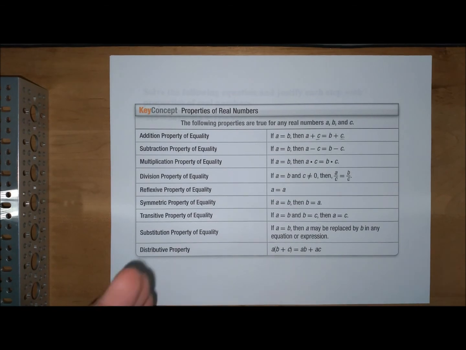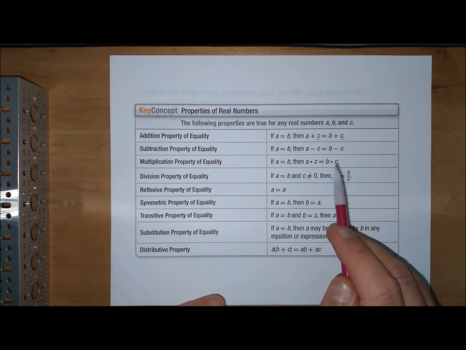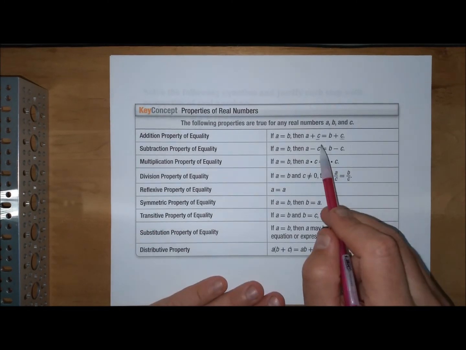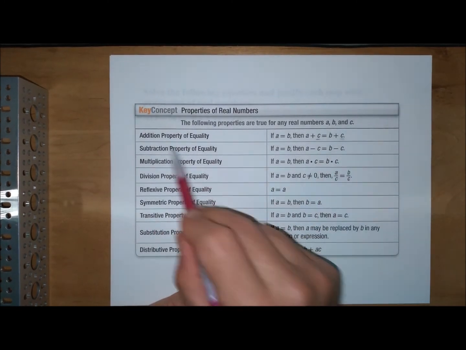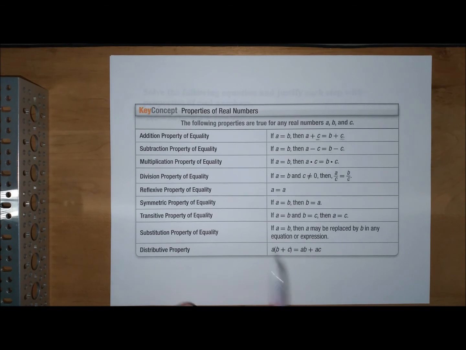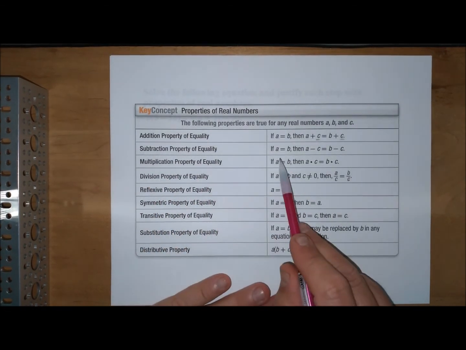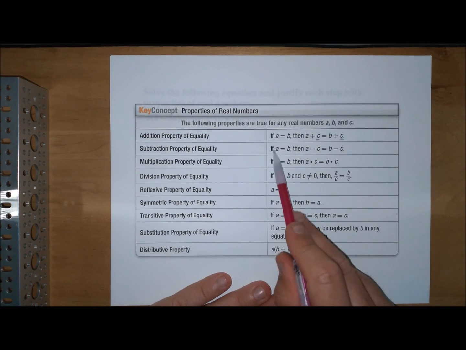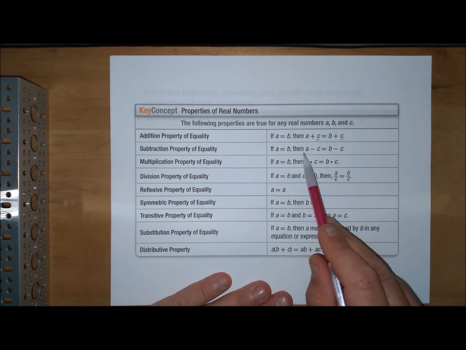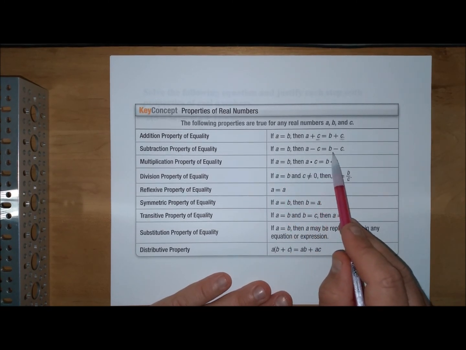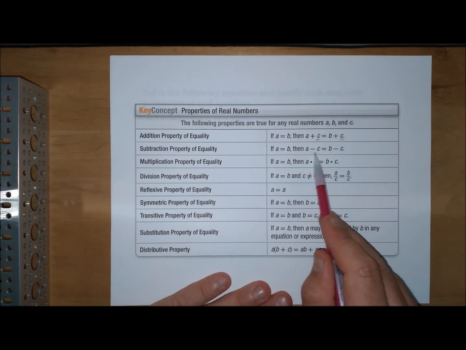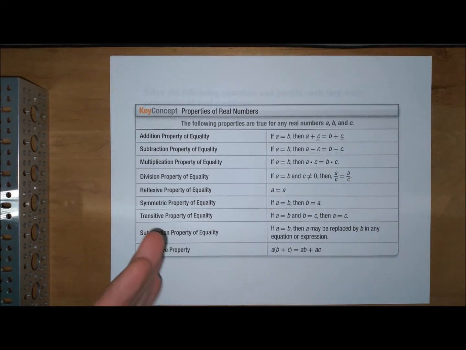When we first started learning how to solve equations in one variable, oftentimes we would add or subtract something from both sides. That was our addition property of equality that we were using. And our subtraction property of equality works the same way. If A equals B, then A minus C equals B minus C, because what we've done is we've subtracted the same quantity from both sides.